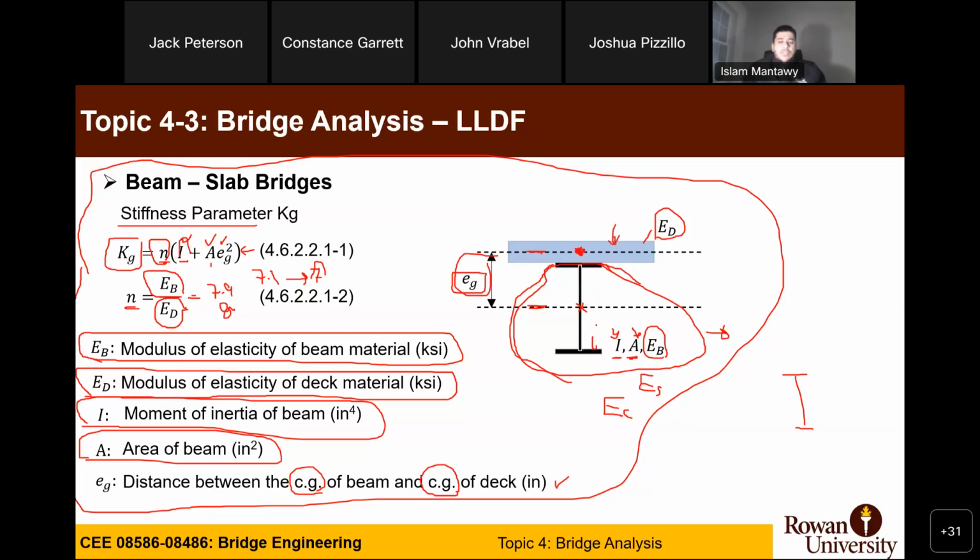It's as if we smoosh the girder material and properties and smear them at the level of the deck, so all your girders are converted to a smeared material at the level of the deck. That is called the stiffness parameter Kg. Any question on the Kg definition?